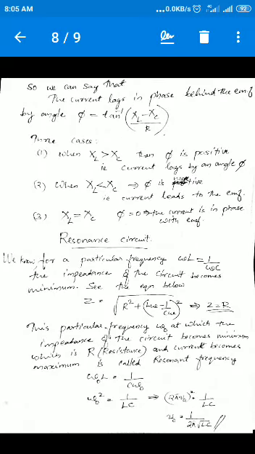You need to remember this: the solution, which is the equation for I, the value of I0, and the equation for φ also. Now let us move on to the 3 cases.